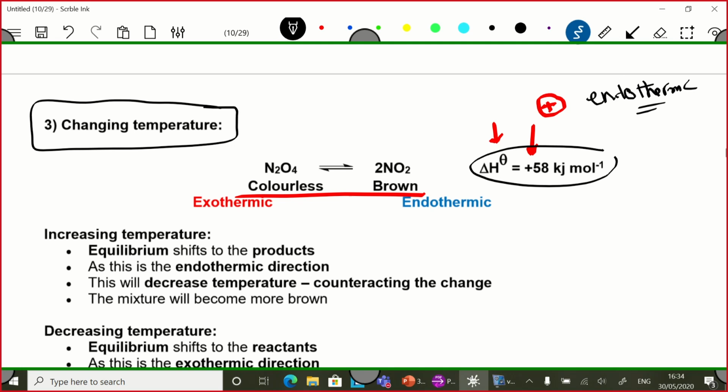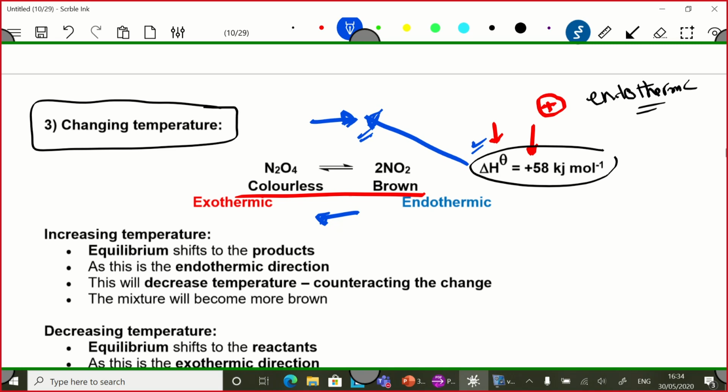But remember that we have two reactions going on here, isn't it? We have the forward reaction and we have the backward reaction. So this delta H belongs to which reaction? This delta H belongs to the forward reaction. Okay.